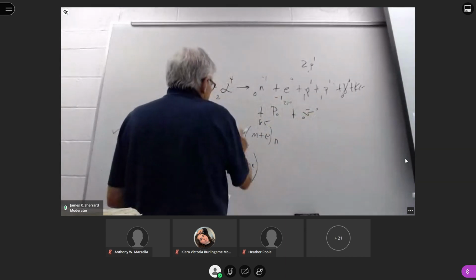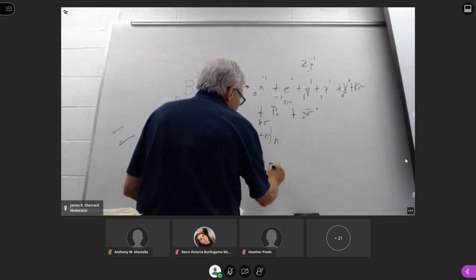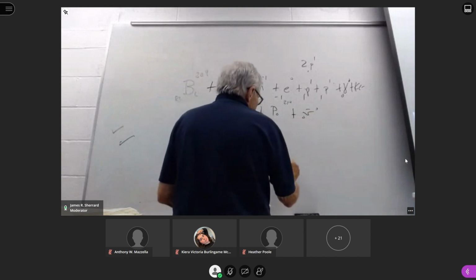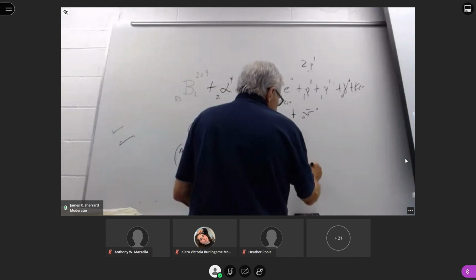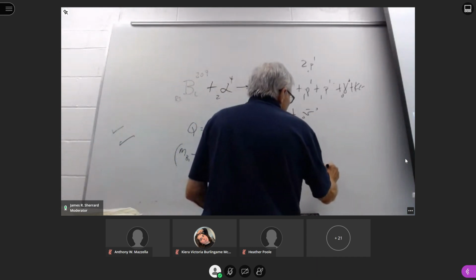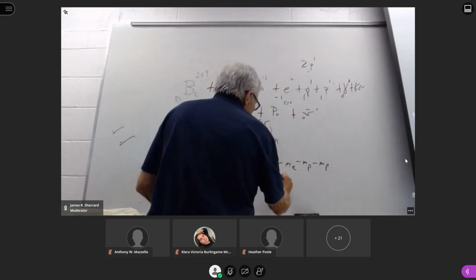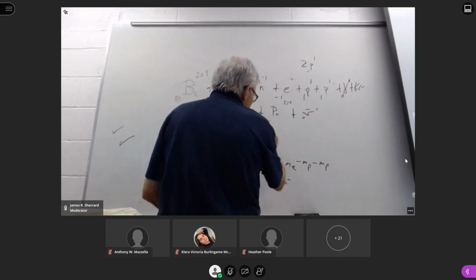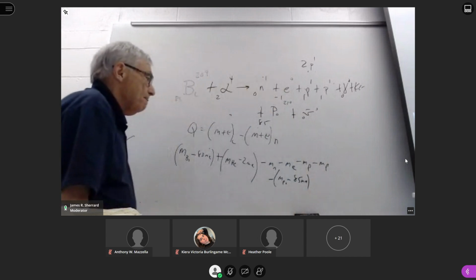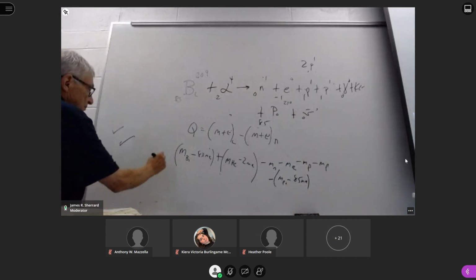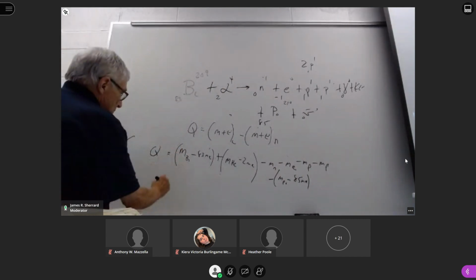Now we come to this side because we don't have anything else on the left. So you have minus the mass of the neutron, minus the mass of an electron, minus the mass of a proton, minus the mass of a proton, minus the mass of polonium, minus 85 mass electrons. That's equal to Q.